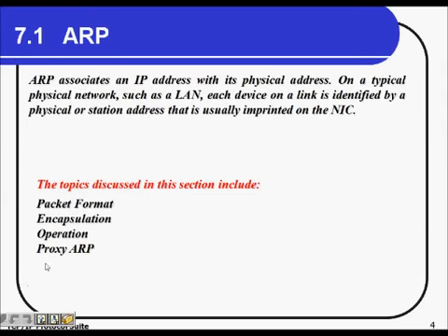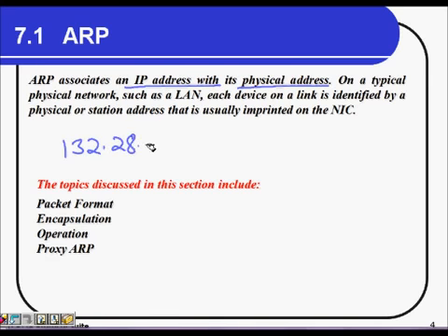So first we will learn about ARP. ARP associates an IP address with its physical address, okay? So for example, there will be a table which will tell that 132.28.36.5 has a physical address A2 B5 38 21 00 FF, okay?